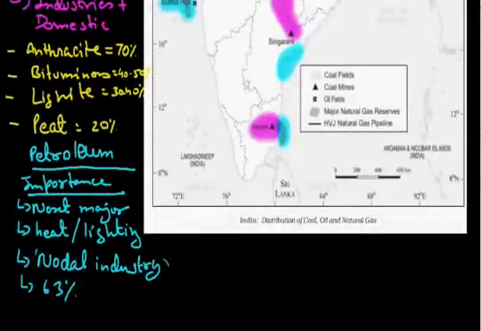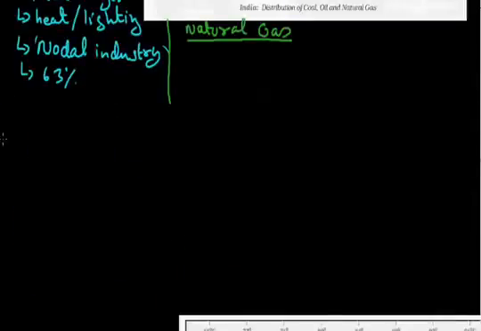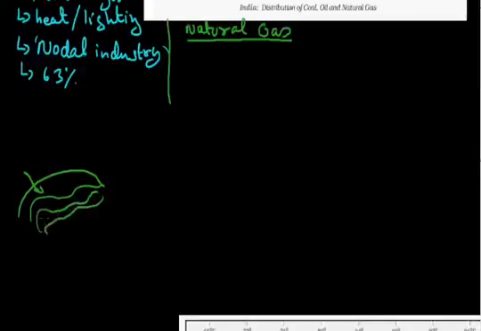Now let us come to the third part, and that is natural gas. Here we can see that like this is earth. As we go under, we can see a lot of rocks first, igneous rocks, then sedimentary rocks and metamorphic rocks.